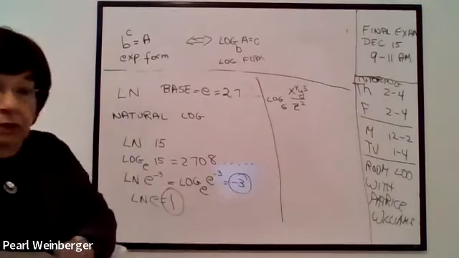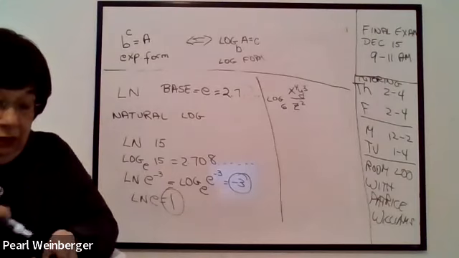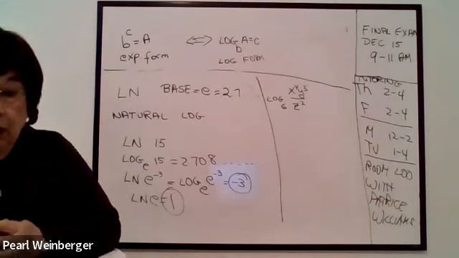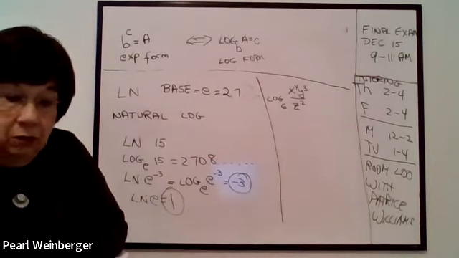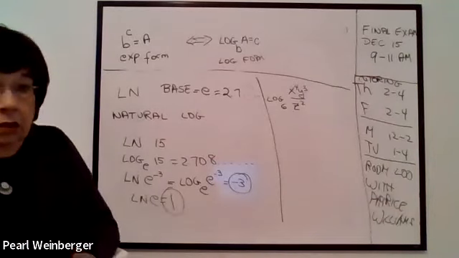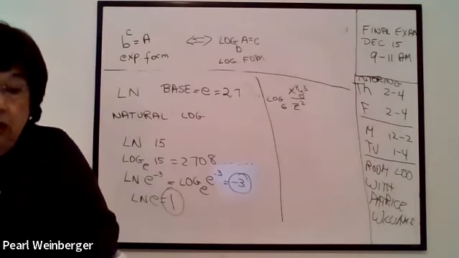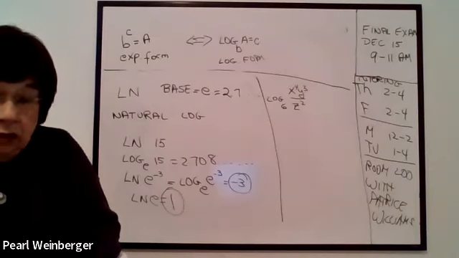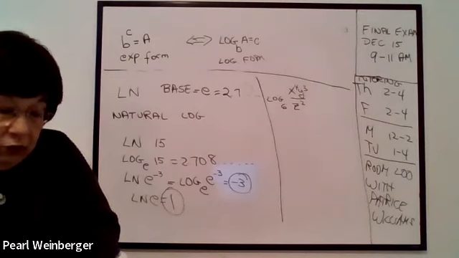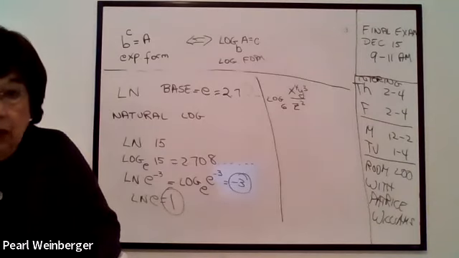Okay, unless somebody has a question, I'm going to stop here. Next time we're going to be reviewing chapters 6 and 7, which is radicals, et cetera, and quadratic equations and how to solve them.